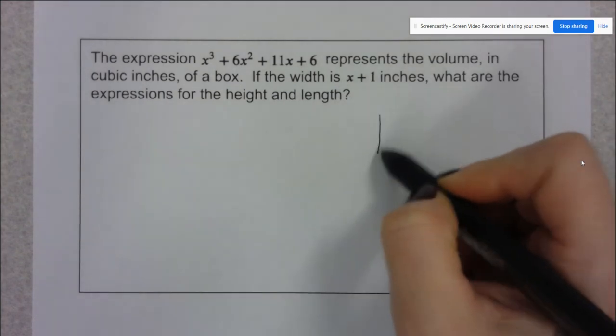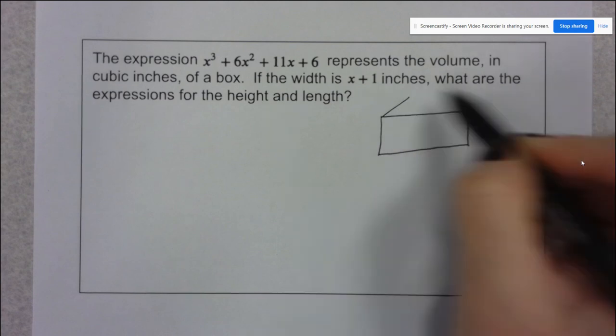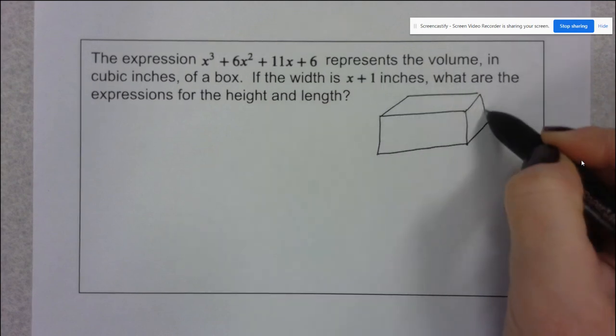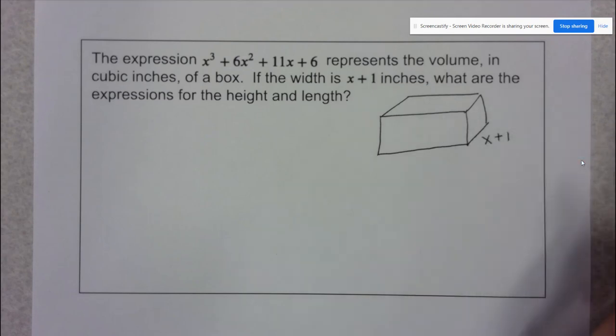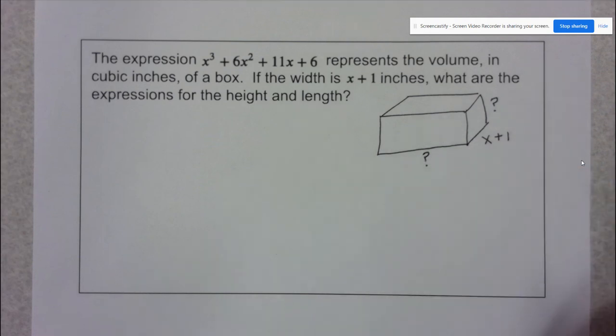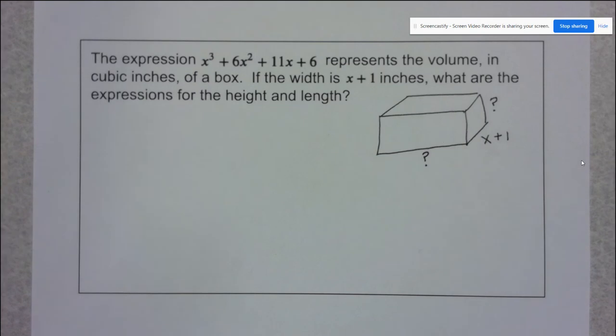So technically, what's happening here, if you like to see a picture, I don't know how good my box drawing skills are going to be, but we'll pretend. So I know that this is x plus 1. I don't know the height, and I don't know the length. But I know if I multiply all three of these things together, I get x cubed plus 6x squared plus 11x plus 6.